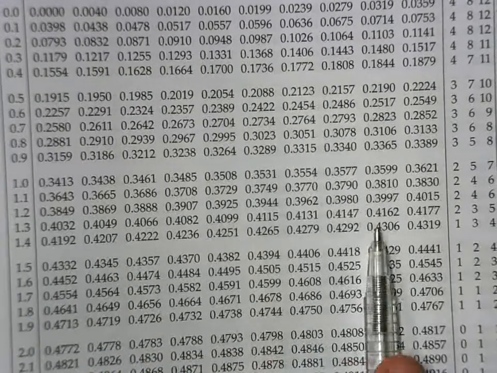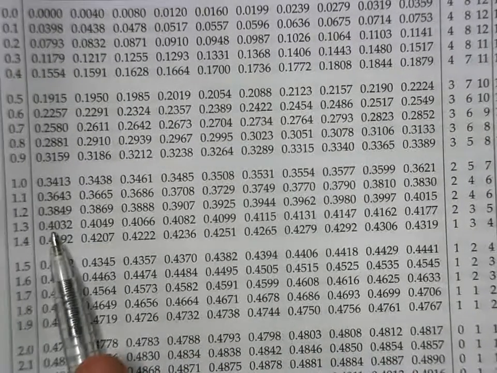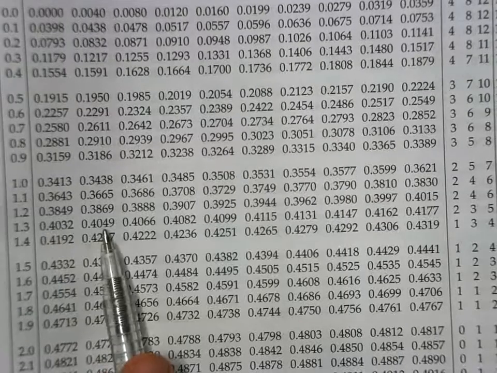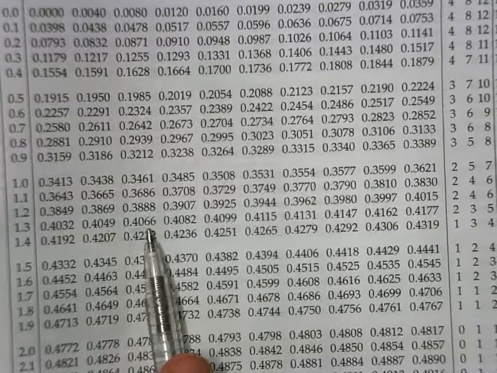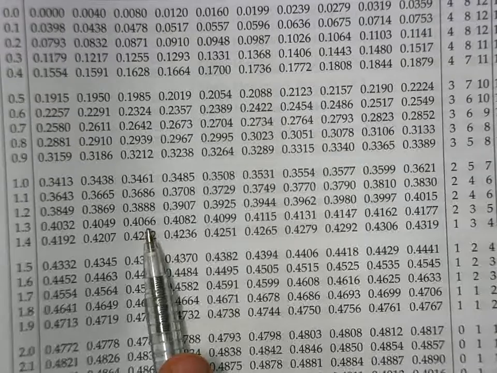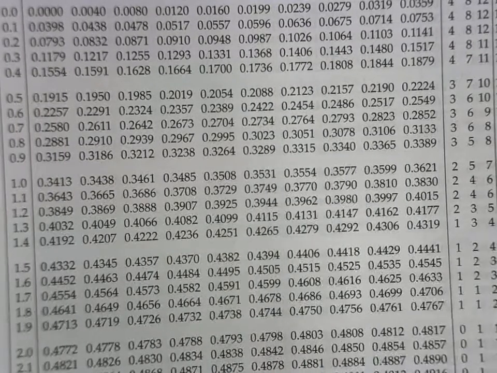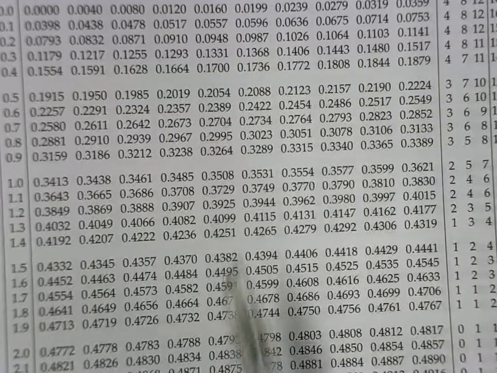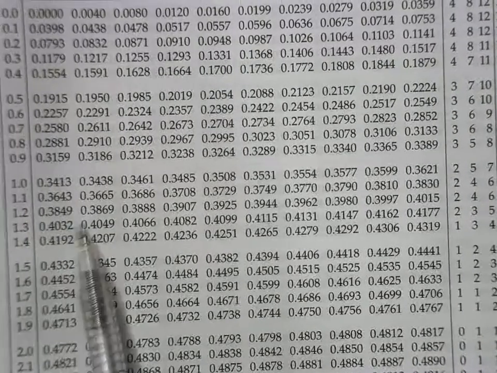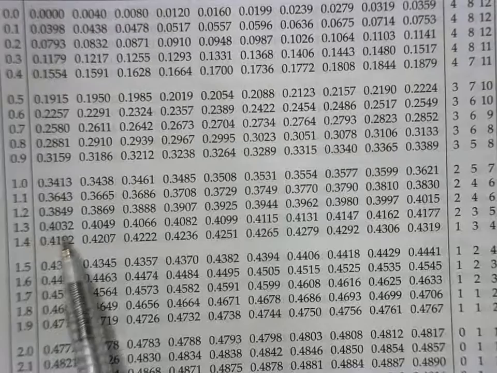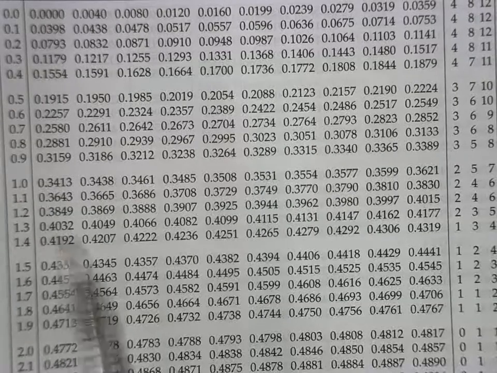This is 1.30. This is 1.31. This is 1.32. This is 1.33. This is 1.34, and so on. So the number I'm looking for is 0.4032. It's that number there.